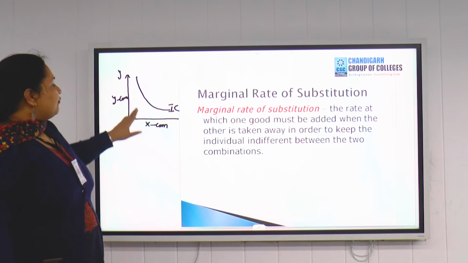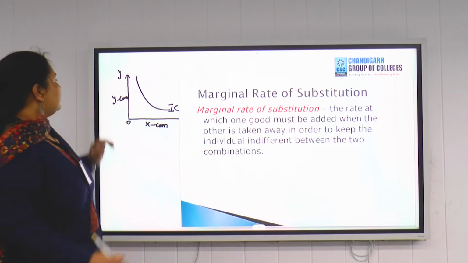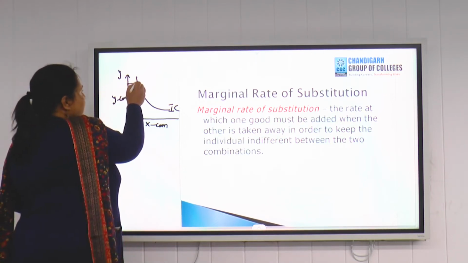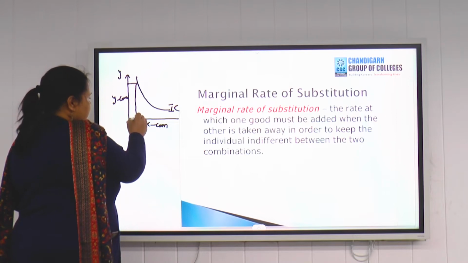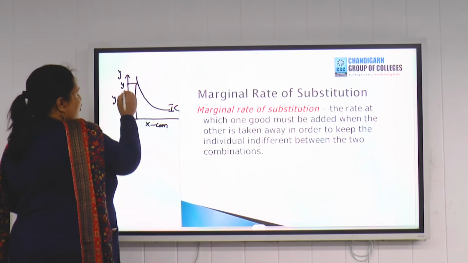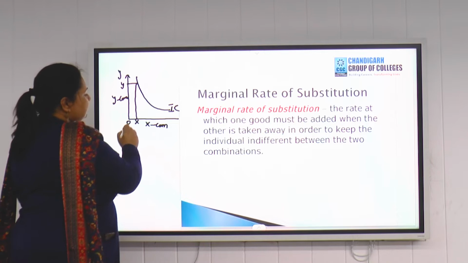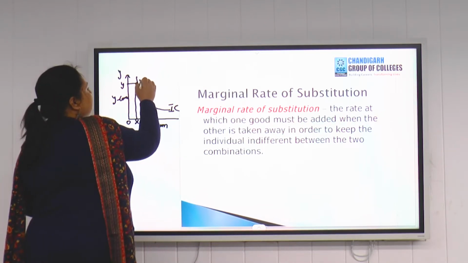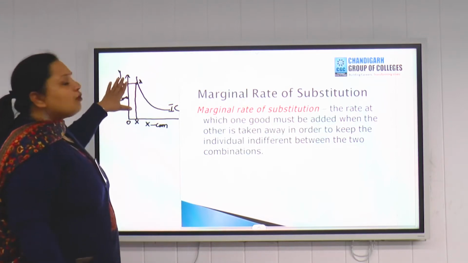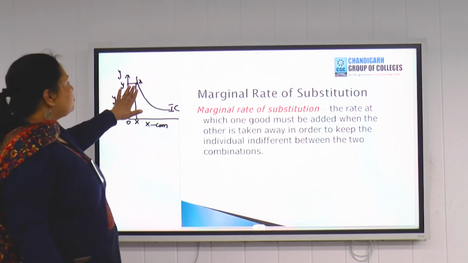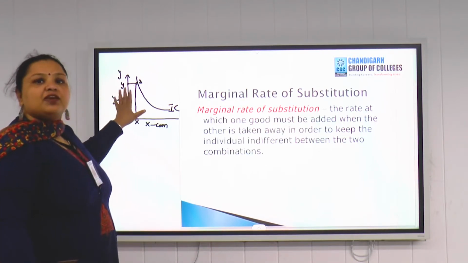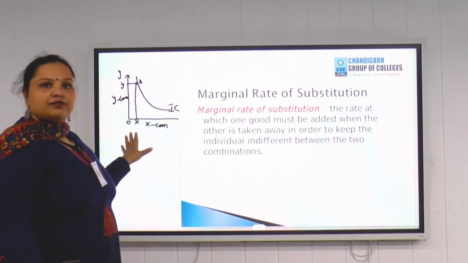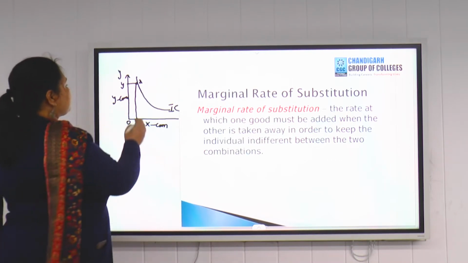Now, if a consumer is consuming this combination, OY of y commodity and OX amount of x commodity, say this is combination A. From combination A, the consumer is achieving a given amount of satisfaction.